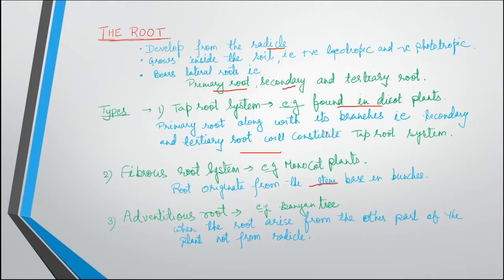They have no such structure like primary, secondary, tertiary. Now adventitious roots are the roots which arise from parts other than the radicle, from other parts of the plant, and they also help the plant to give support, for example banyan tree. So in this way we can see the root, from where the root develops, where it is present, and how many types of roots there are.